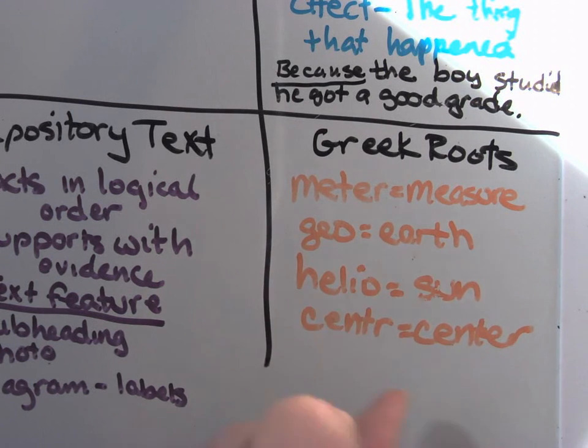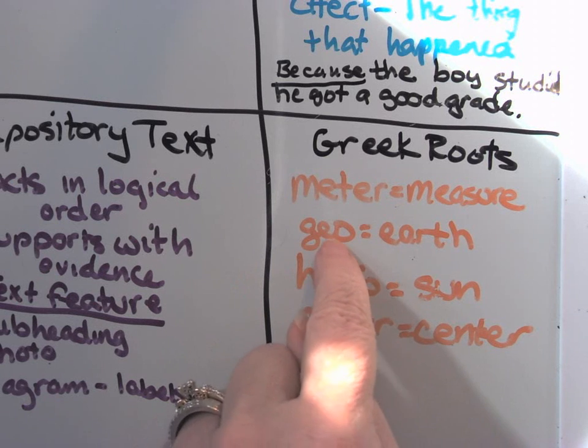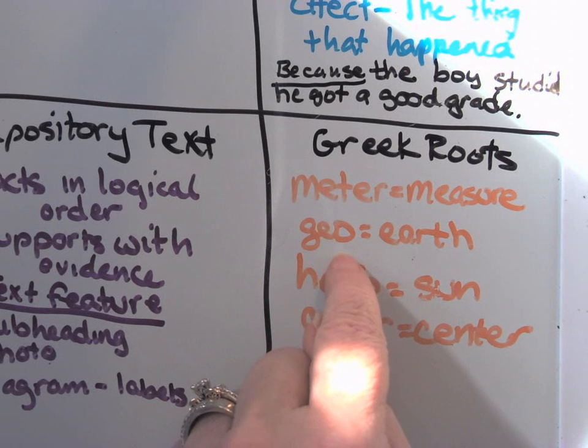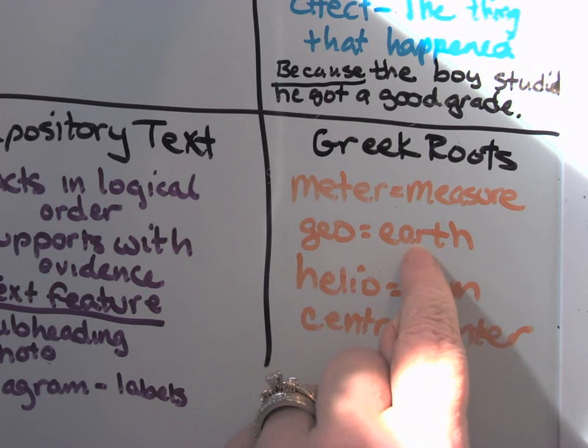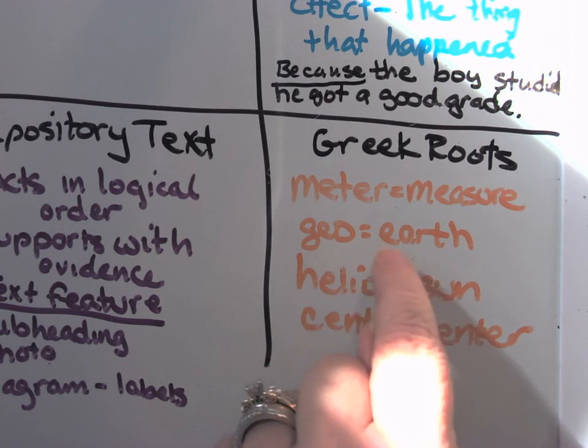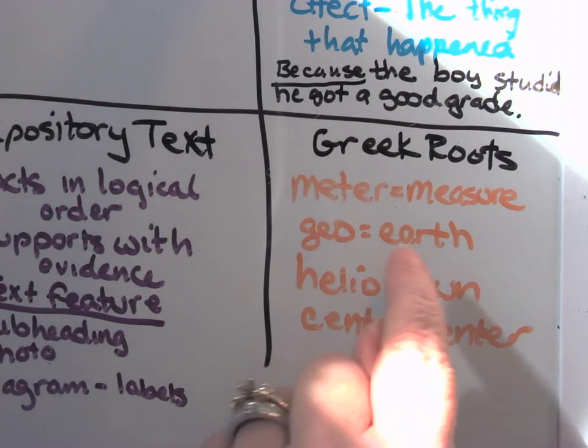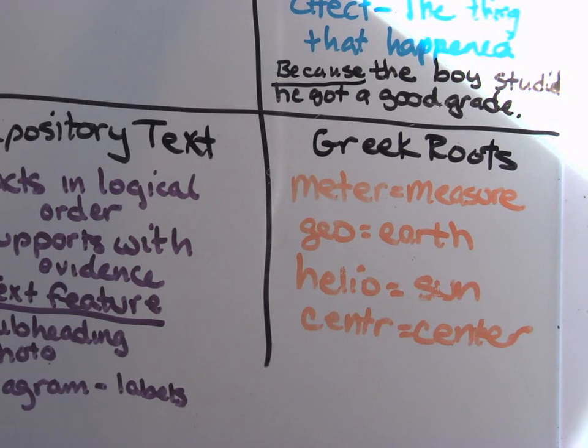If we're talking about geography, the study of the earth. Geography means the study of, so the study of the earth. We can come up with meanings of words just based on those type of Greek roots that we see.